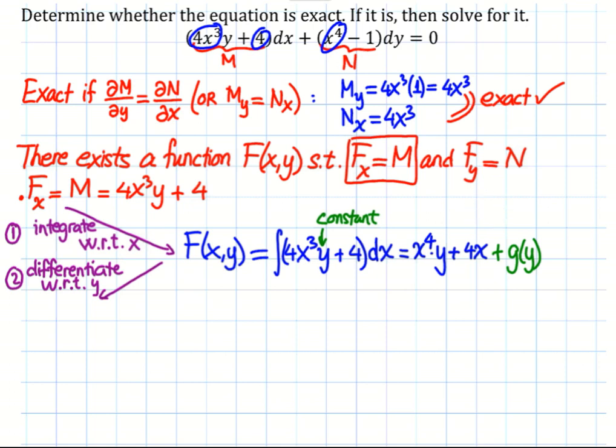We just take the derivative of what we just have, meaning this function. So since this is the function f of x, y, when we take the derivative, we will have the derivative with respect to y.